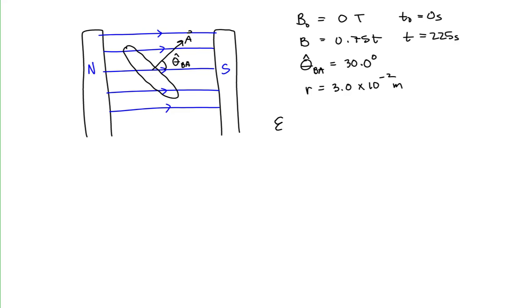From Faraday's law, we know that the induced EMF is equal to minus the time rate of change of the magnetic flux. Now remember, magnetic flux can change in one of two ways. It can change by the magnetic field changing, and it can change by the area changing.